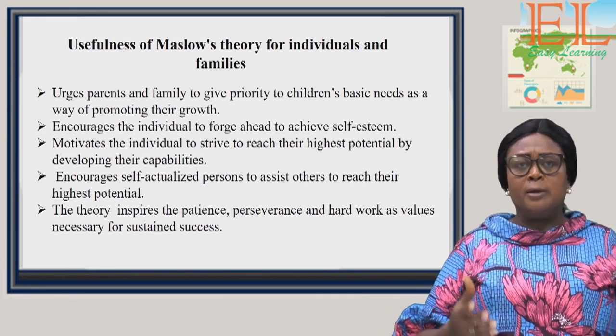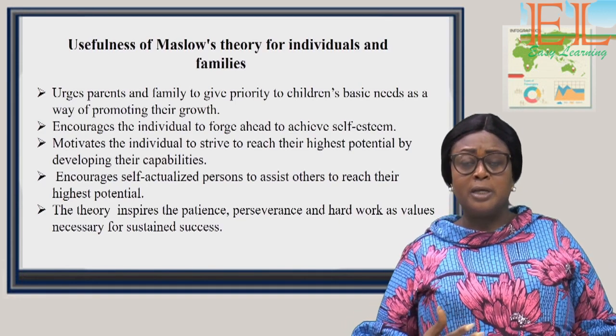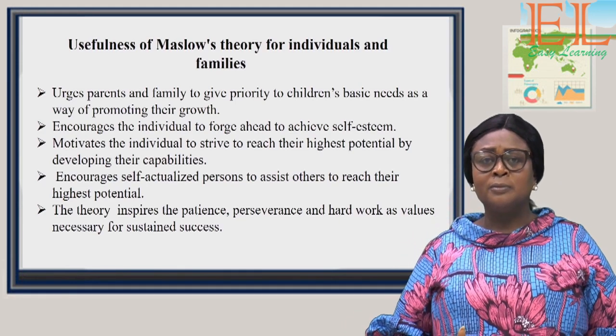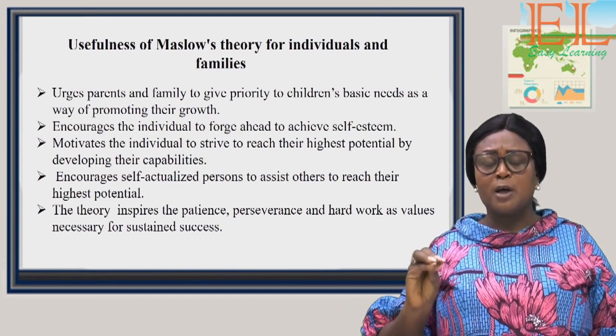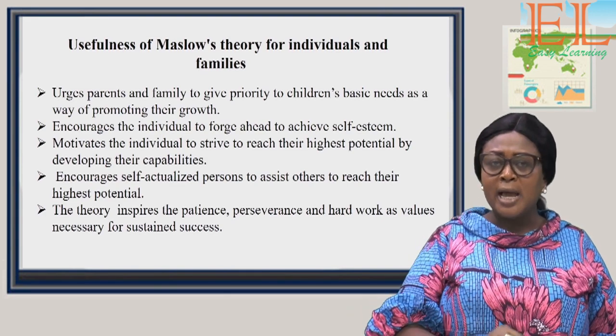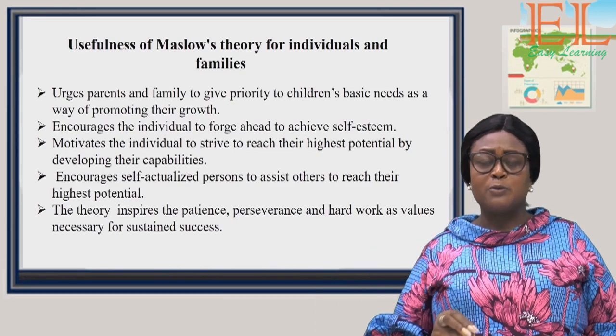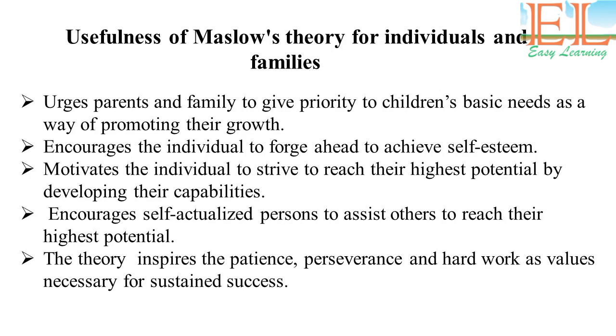Now, one of the usefulness of the theory that I can talk about is the need to provide members of our family, especially the younger and the older members of our family, their physiological needs such as food, shelter, proper clothing, in order to protect them.